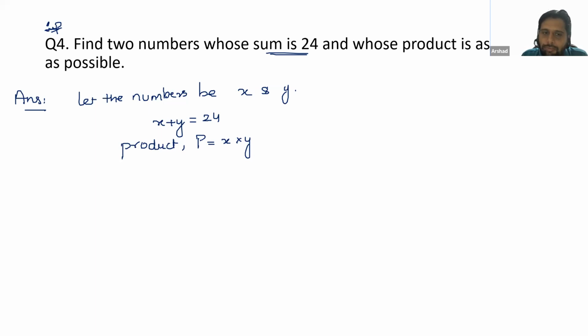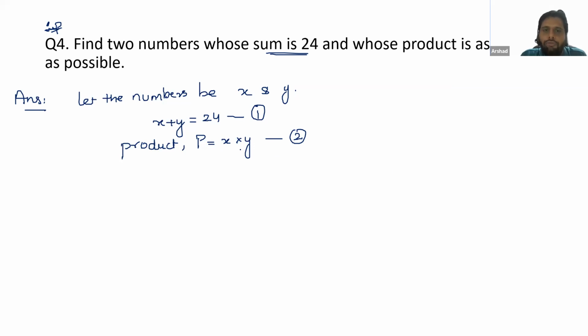We need to maximize the product here. This is given: x plus y is equal to 24. Let this be 1. Product is equal to x into y. We need to maximize this. Now, Fahad, can you tell me how many variables we have here in equation 2? Two, x and y.